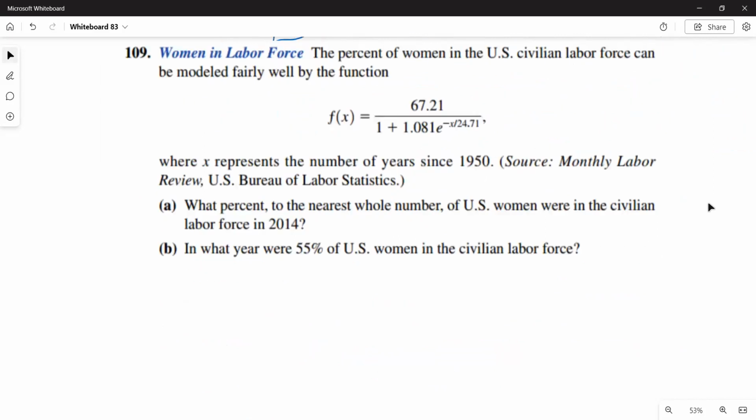The percent of women in the US civilian labor force can be modeled fairly well by that function below, an exponential with base e, where x represents the number of years since 1950. What percent, to the nearest whole number, of US women were in the civilian labor force in 2014? And in what year were 55% of US women in the civilian labor force?